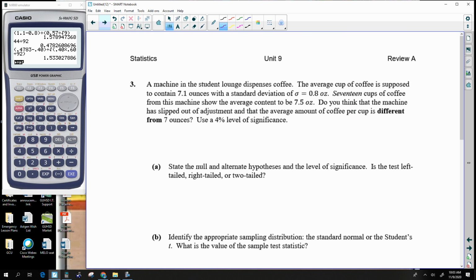Okay, last but not least, I noticed that in this problem, we are given a sigma. So this is going to be a standard normal. All right, so the average in this situation is 7.1 with a standard deviation of 0.8.